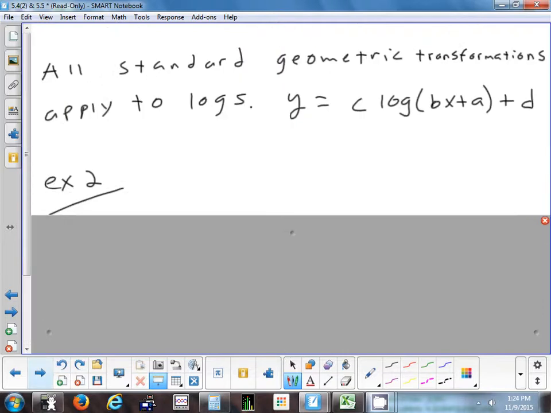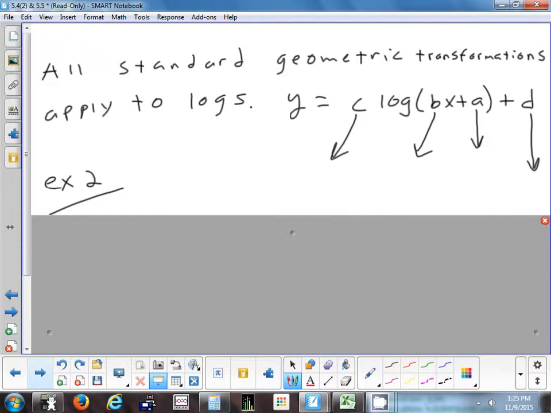Okay, transformations work exactly the same way they've worked in every function we've done all year. Let's just make sure we remember what each one of these does. And you do them in the order that I wrote, A, B, C, then D. Anybody remember what A does? There's 4 things we can do.